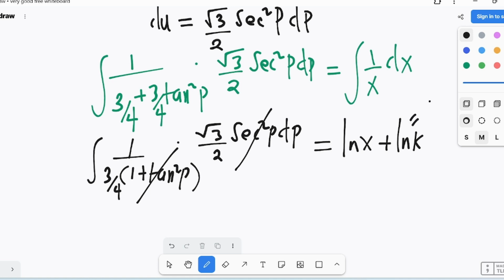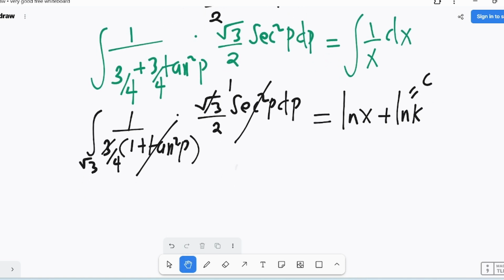Ln k is just the c. So here we can reduce. This goes once into 3. We have root 3. We are going to also reduce for half, but slowly, such that everyone understands.